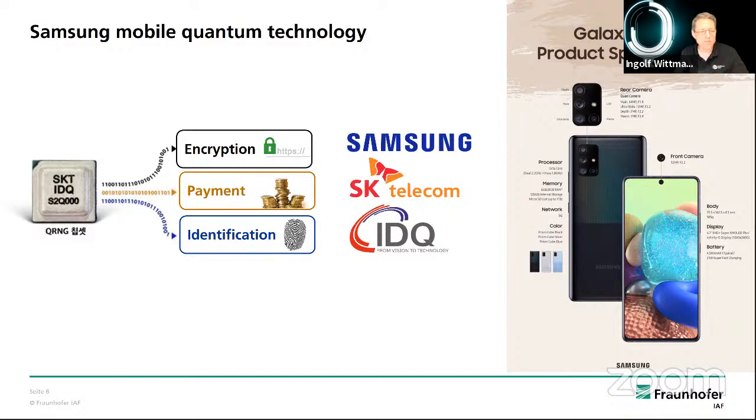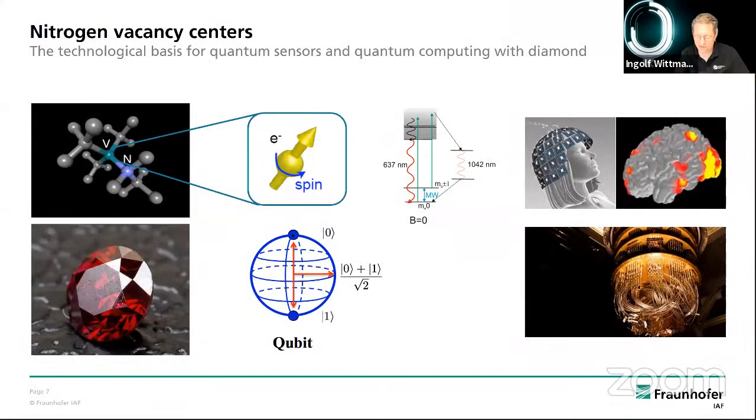Even a small amount of qubits might help you on that. So, and there the diamonds are coming into the play, and Markham was already talking about the technology and how this is working. And that's exactly also the field where the Fraunhofer IF in Freiburg is working on it.